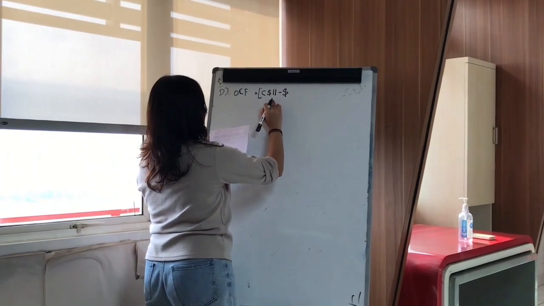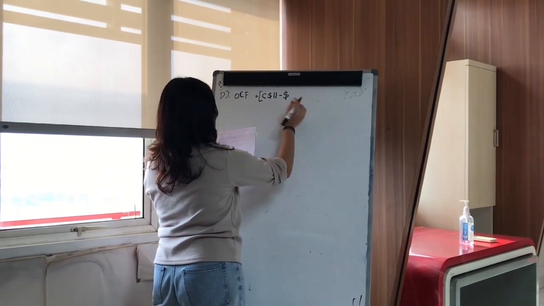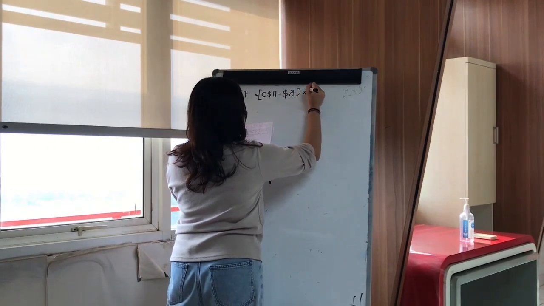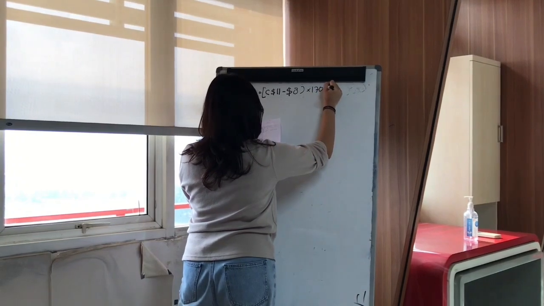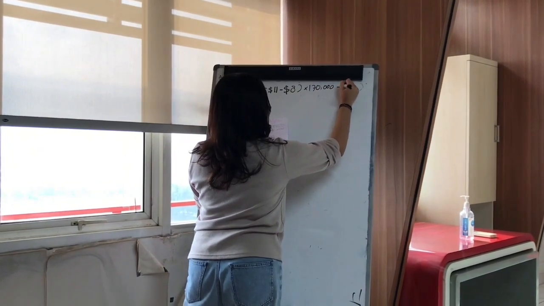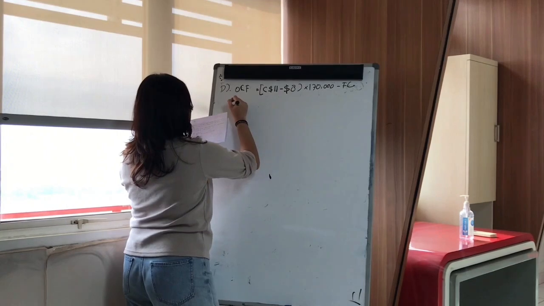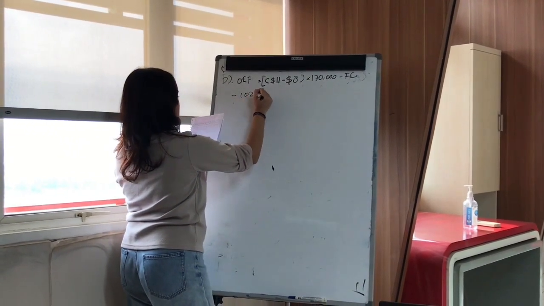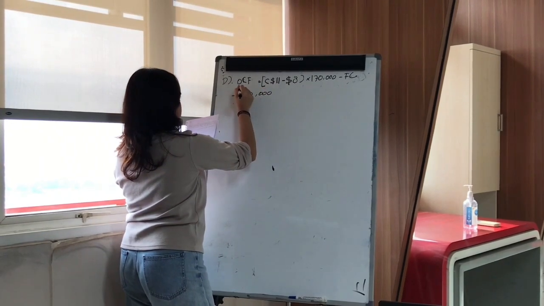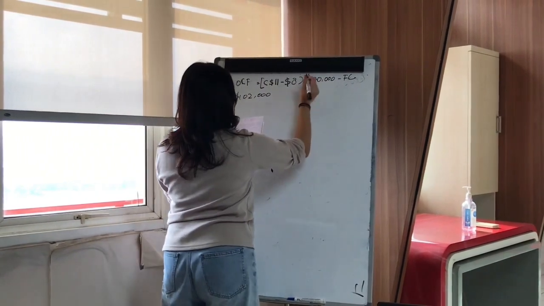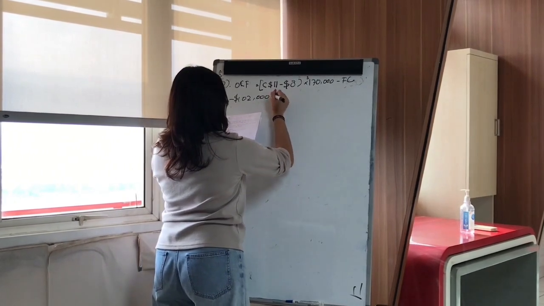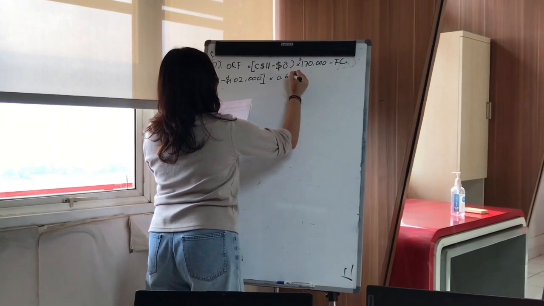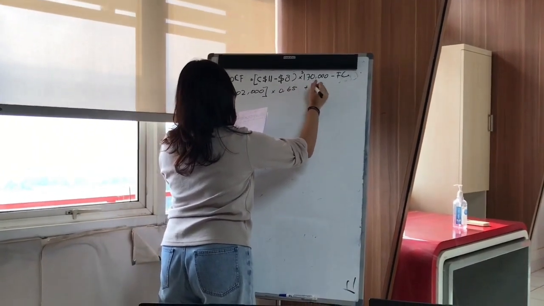With $11, we have ($11 minus $8) times 170,000 minus fixed cost minus $102,000, in dollars, times 0.65 plus $102,000.